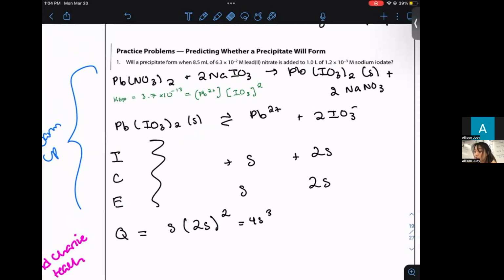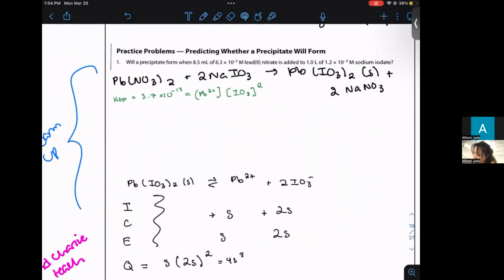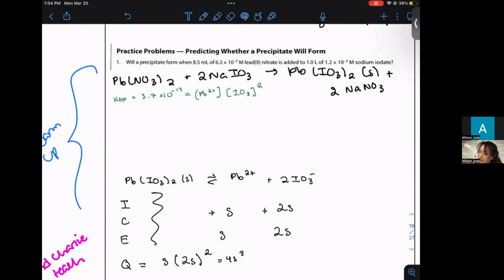Because you have two, yeah, you have to account for dilution in each of these. Man, this was a nasty problem. Okay, so you had to account for the dilution of Pb(NO3)2 to figure out what was the concentration of Pb2+ in your dissociation.